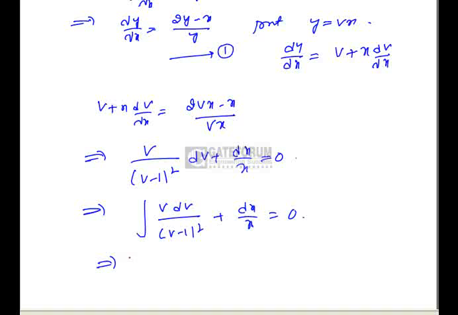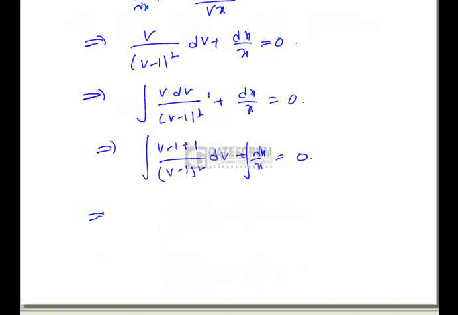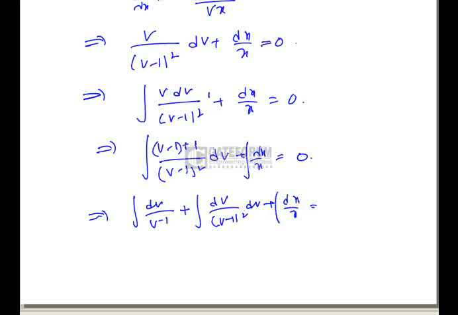That implies if we integrate, it will be the integral of v/(v - 1)^2 dv + dx/x = 0. As we have added plus and minus 1 to the numerator, we'll simplify this. (v - 1)/(v - 1)^2 will be dv/(v - 1) + dv/(v - 1)^2, plus the integral of dx/x equals 0. The integral of 1/x dx is nothing but log x.